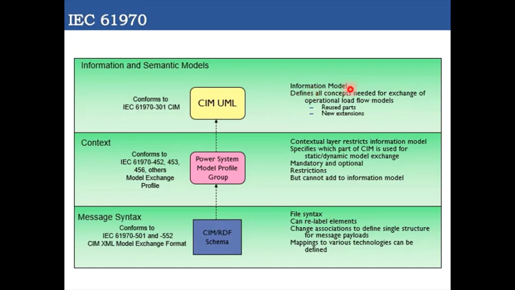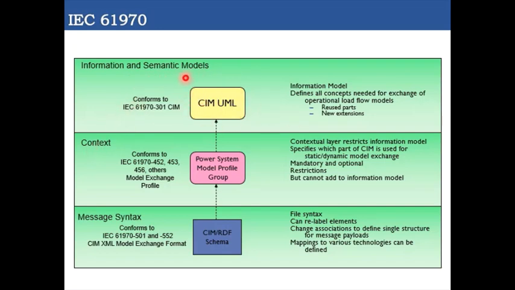It contains the information model, and it defines all concepts needed for the exchange of various power system applications such as load flow and so on. So this will have various reused parts. You can even add new extensions to this SIM UML. New extensions means, if you want some new classes to be created particularly for new equipment, then you can extend this SIM UML.